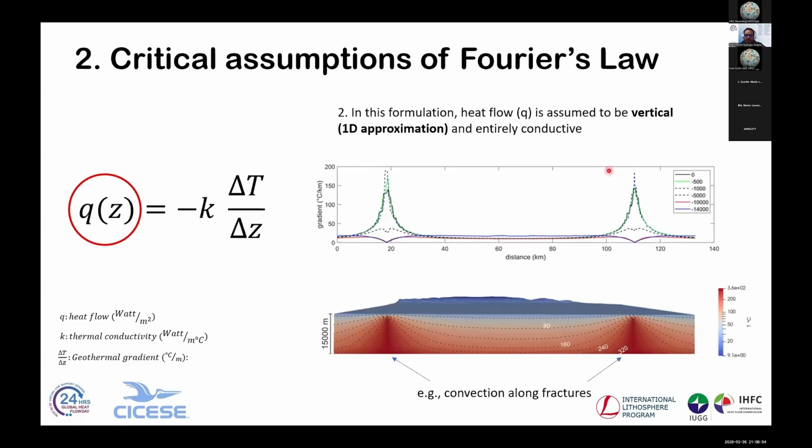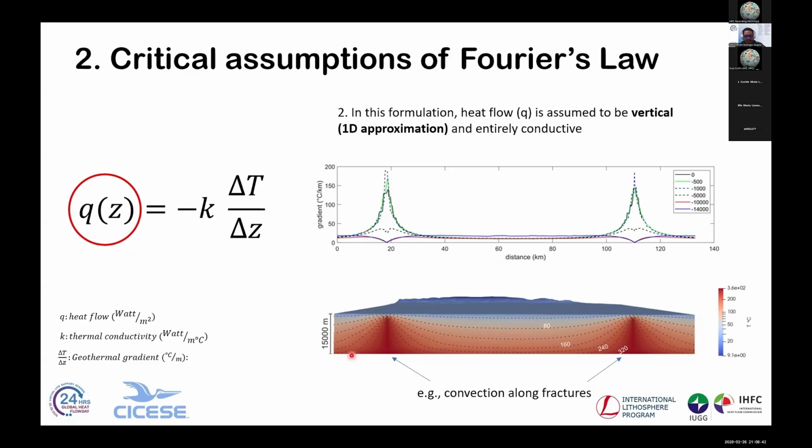The second one is that the heat flow in Fourier's law is considered to be vertical or nearly vertical. It means that if we have some kind of advection or another process that introduces horizontal heat flows, Fourier's law can't accurately define where this anomaly comes from.